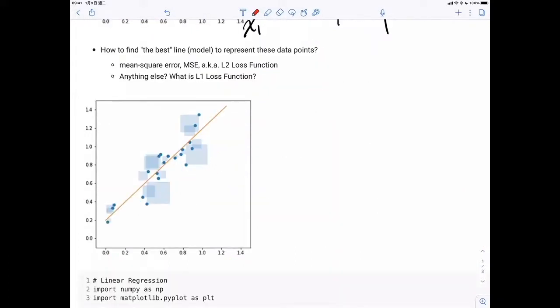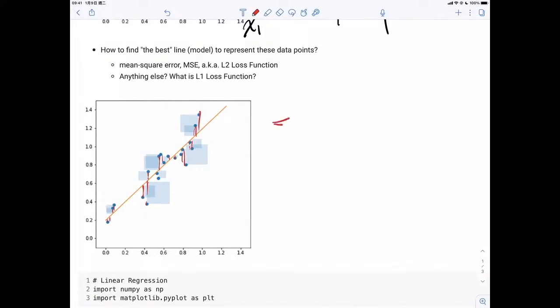Usually when we want to evaluate two different linear models, for example the orange one, we calculate the difference between y and y hat. All the things are right here: y and y hat, y and y hat, y and y hat. And we sum all those differences.